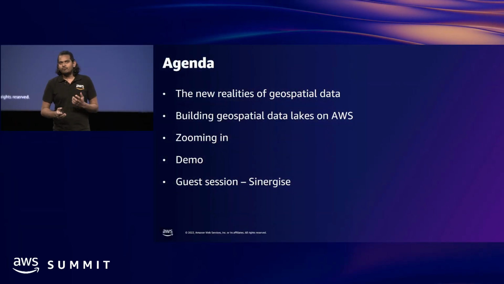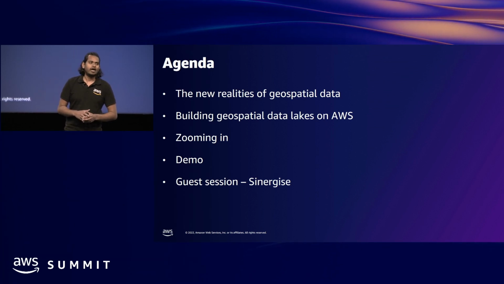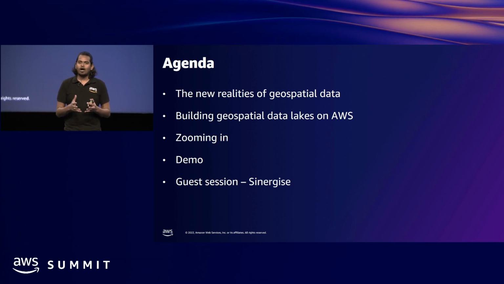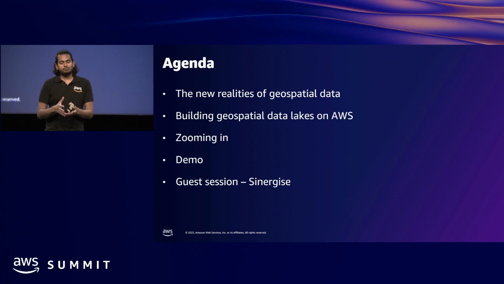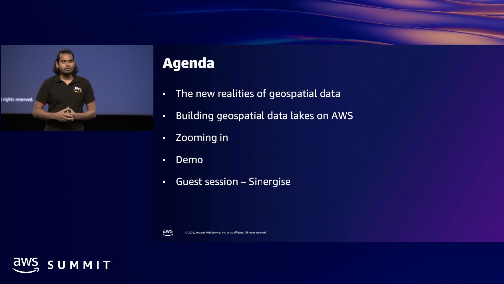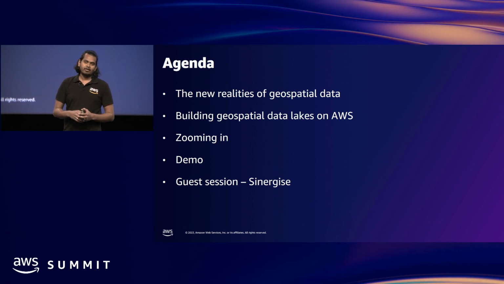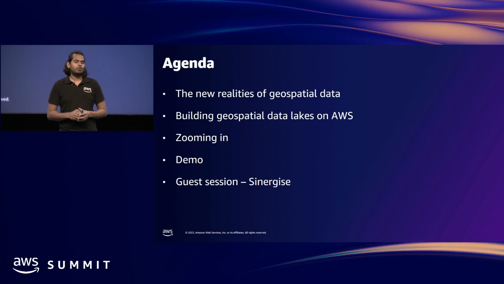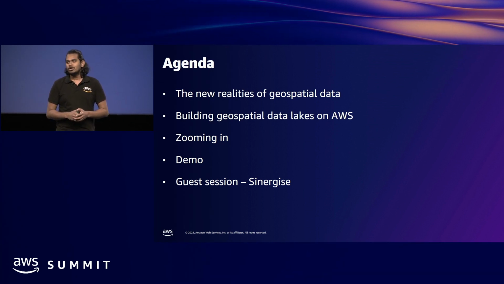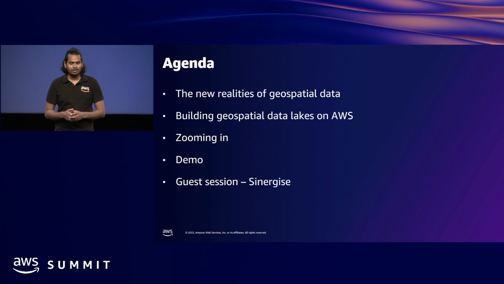Let's take a look at what we'll be covering in this session. We'll first take a look at the new realities, or the requirements around how geospatial data has evolved over the years, and what requirements around geospatial analytics customers are seeing. Secondly, we'll take a look at the AWS services that you can use to build your data lake for your geospatial data.